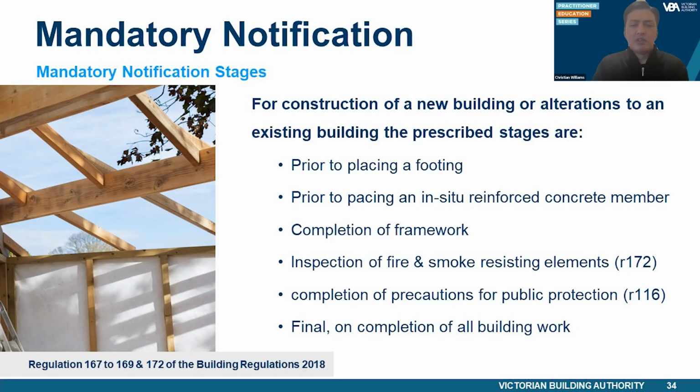Regulation 172 also requires mandatory inspection for one of each type of fire protection method for each type of service penetration that is required to resist the spread of fire or smoke on each story of a Class 2, 3, 4 part, 9A or 9C building.